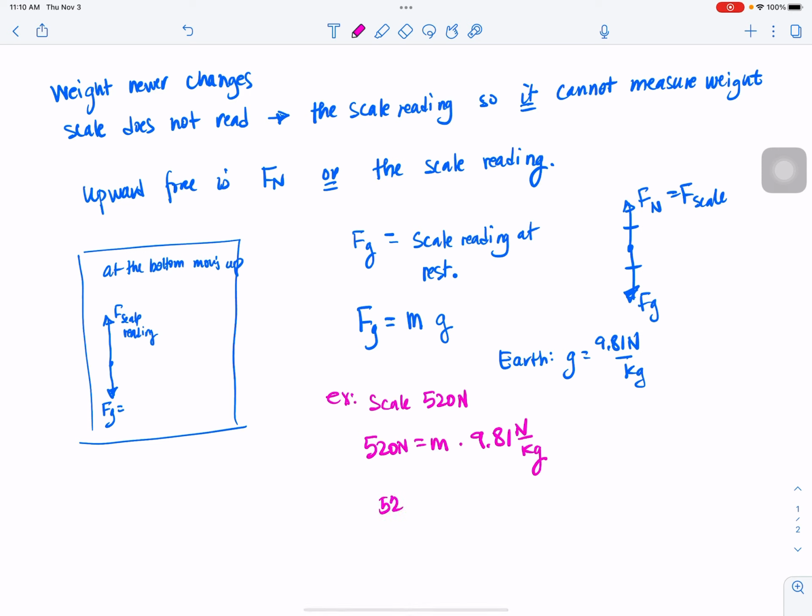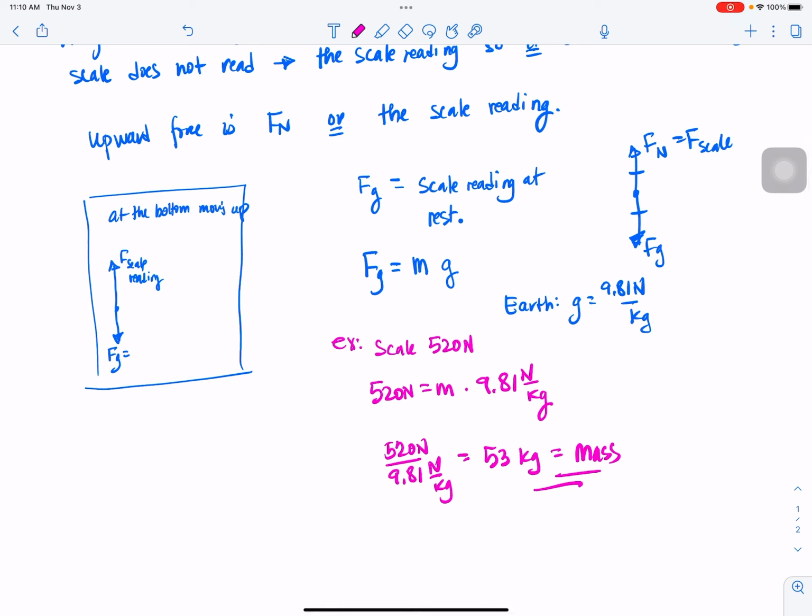So I'm going to have 520 newtons divided by 9.81 newtons per kilogram, and that is going to be my answer in kilograms. I'm going to do that real quick. If you just use 9.8, that's fine. And so this gives me 53 kilograms, and this is equal to my mass, not force.